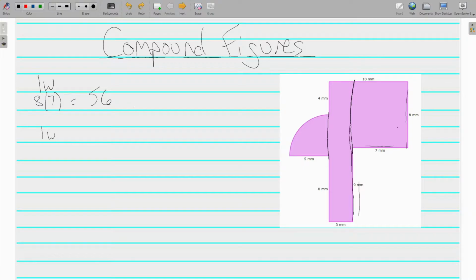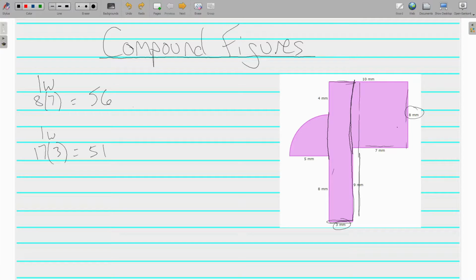We know that this part right here is 9, and the rest of it is the 8. So the 8 and 9 give a length of 17, whereas the width of that part of the rectangle is 3 millimeters. So 17 times 3 is 51.